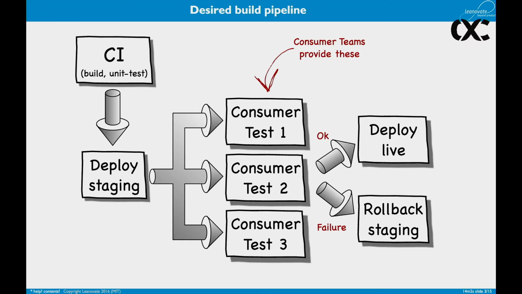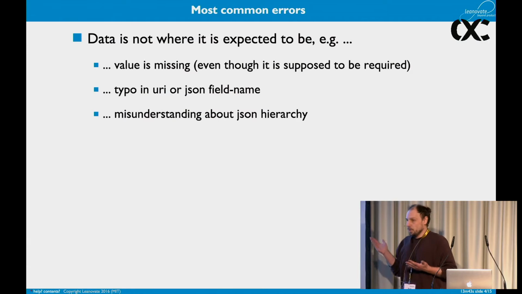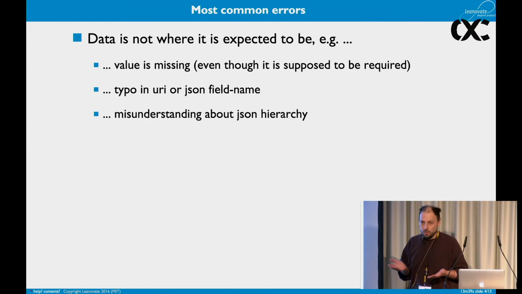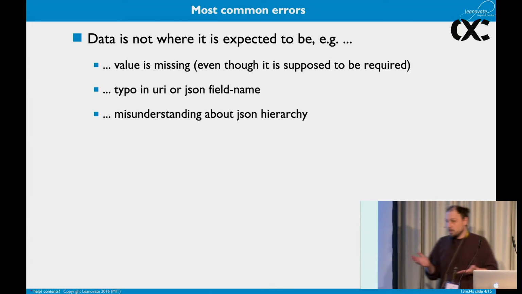What I actually want to talk about is what are the most common errors this kind of build chain fixes or addresses. This is really common sense, and you probably experienced this many times. First, the data is just not there where it's expected to be, which might be a typo in a JSON path or a typo in the URI, or a misunderstanding about the JSON hierarchy.